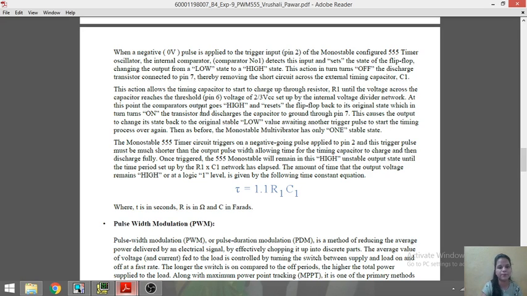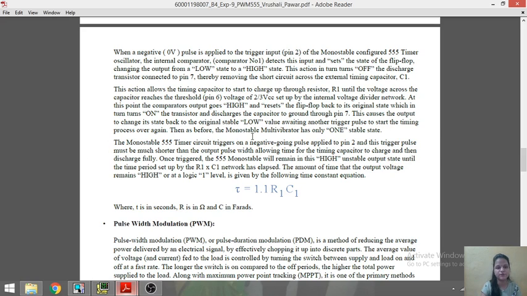At this point the comparator output goes high and resets the flip-flop back to the original state, which in turn turns on the transistor and discharges the capacitor to ground through pin 7. This causes the output to change state back to the original low value, awaiting another trigger pulse and starting the timing process over again.